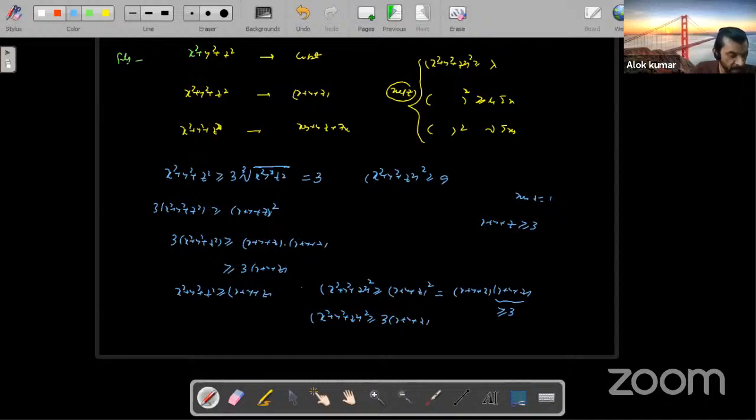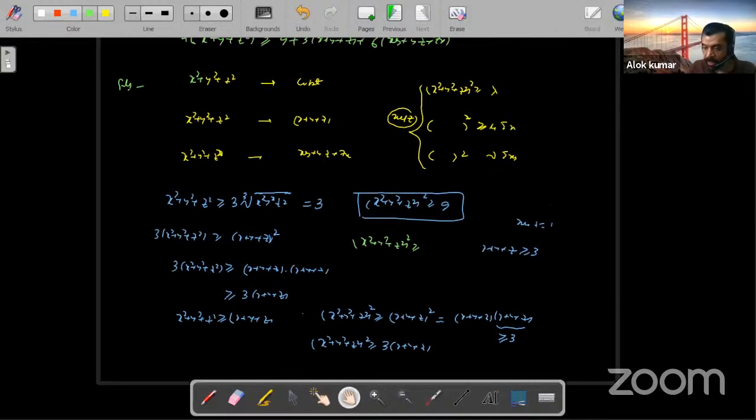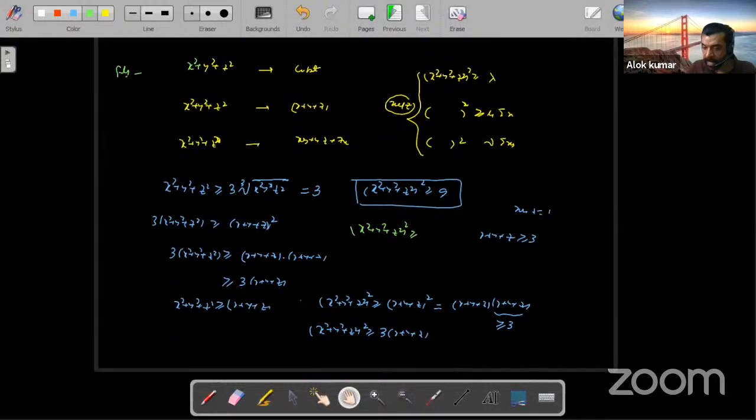Let's check it. This kind of thing you got. Or you can directly also write and plug those numbers. So in any way, you got this one. So first I will write this one. This is 1. Then I was connecting this one, that (x² + y² + z²) whole square is greater than or equal to, and I got 3 times (x + y + z).